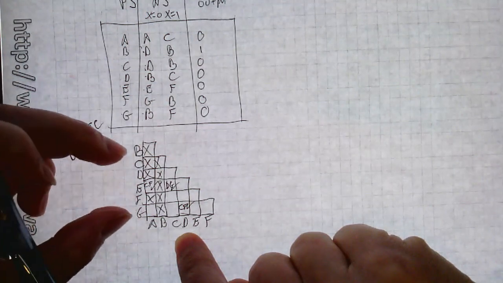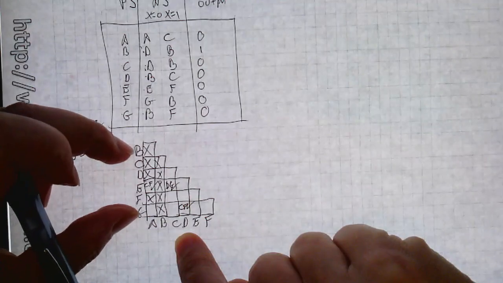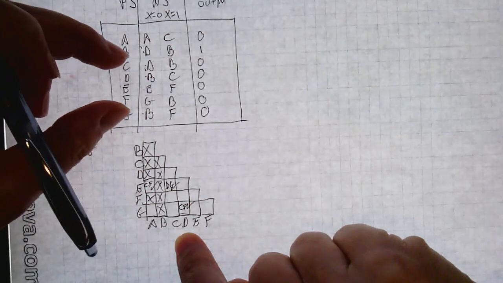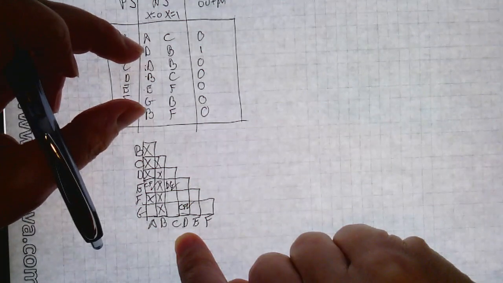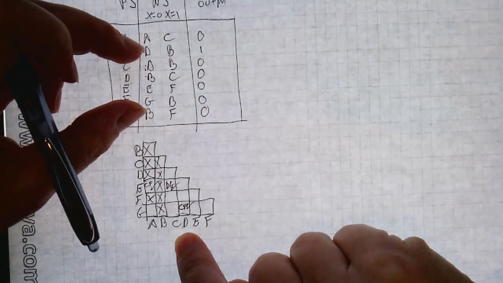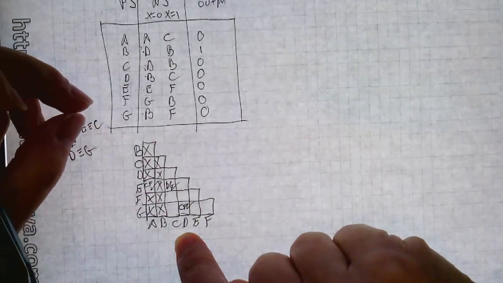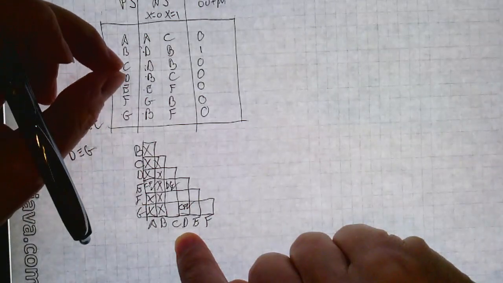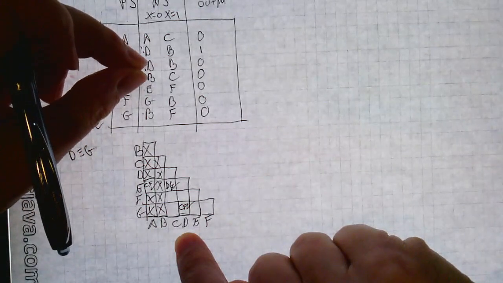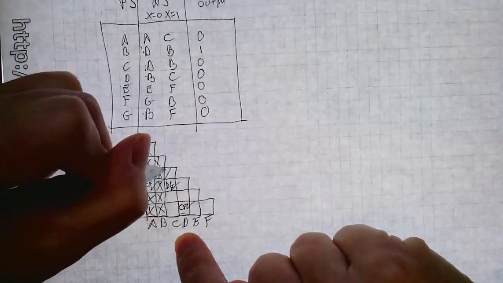G to B, if D to B, let's see now. DB does not work, so that gets an X. C to D, or DC, is true if D equals B. It does not.